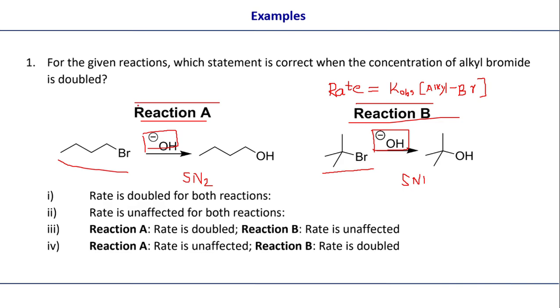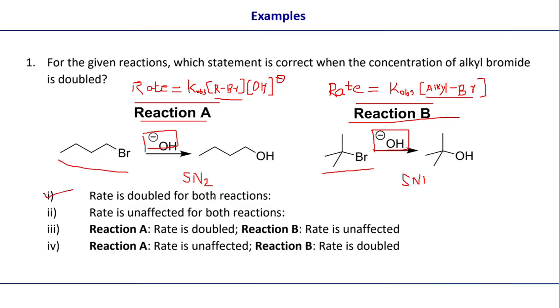This is the rate equation for SN1, and here the rate equation will be K observed, I'm writing alkyl bromide as RBr, as well as OH minus, right? So here also, if you are increasing the concentration of RBr, alkyl bromide, both will change the rate of reaction. So the correct answer is rate is double for both the reactions.